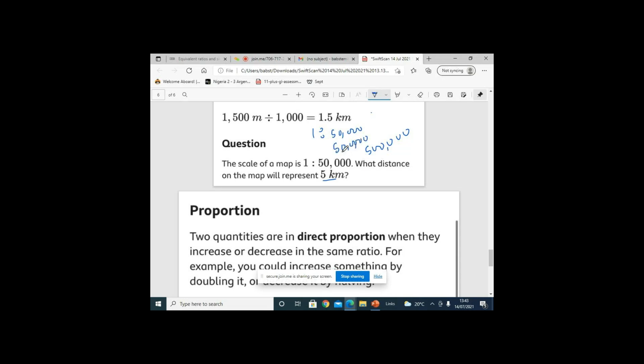You now divide 500,000 by 50. 500 divided by 50 is 10. So it's going to be 10 centimeters you're going to draw here. That's it. You just draw 10 centimeters on this scale.